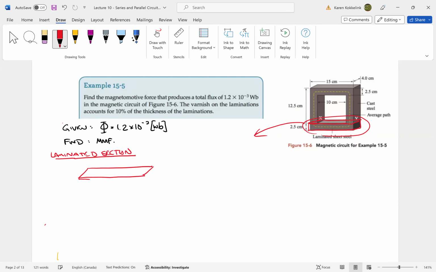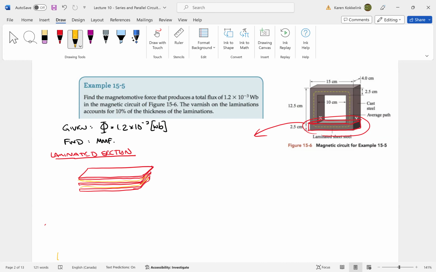It would have a section of steel and another section of steel, etc. And it would continue like that. And in between those sections of steel, I would have fiberboard, and the fiberboard has the permeability of free space.